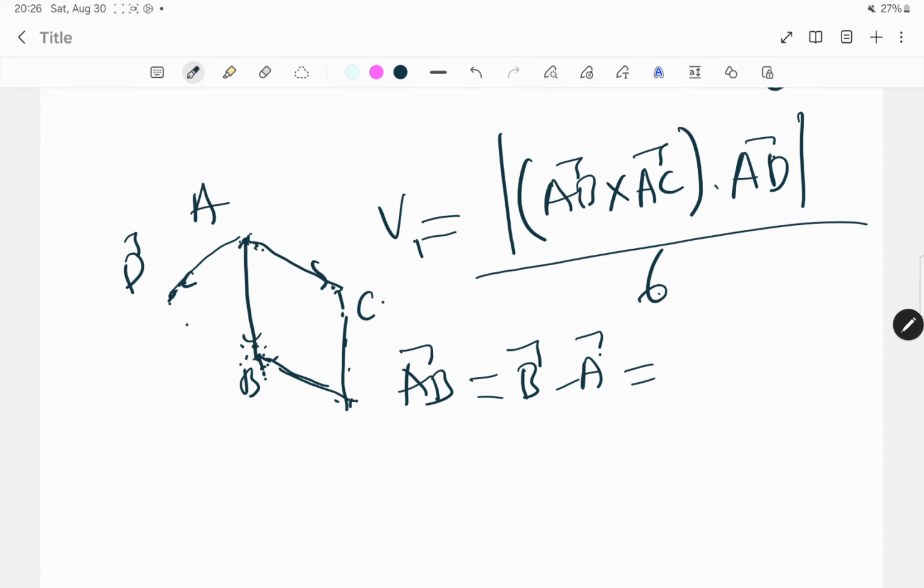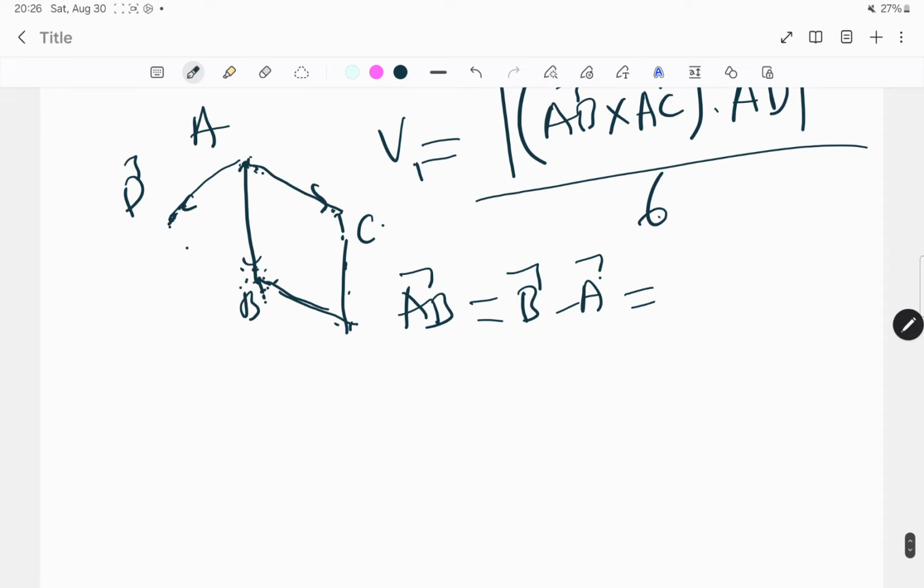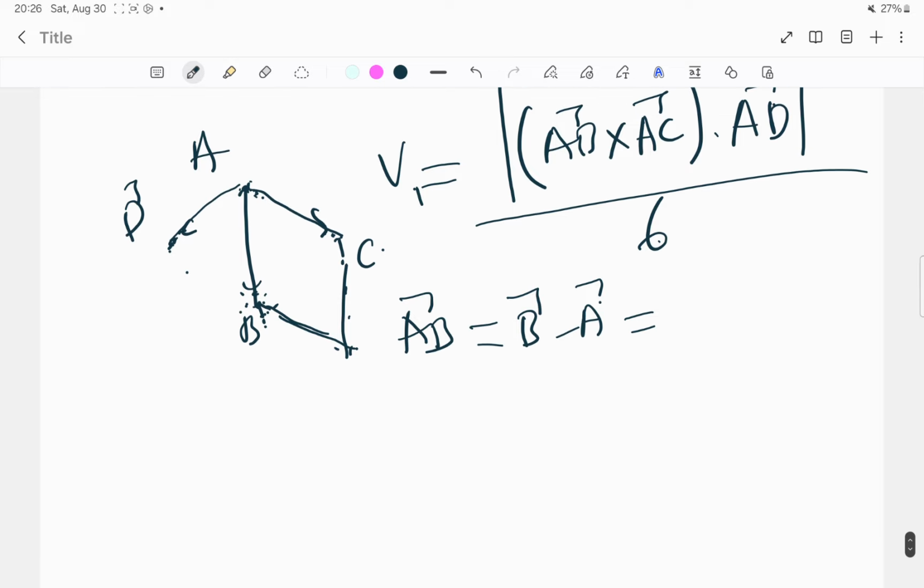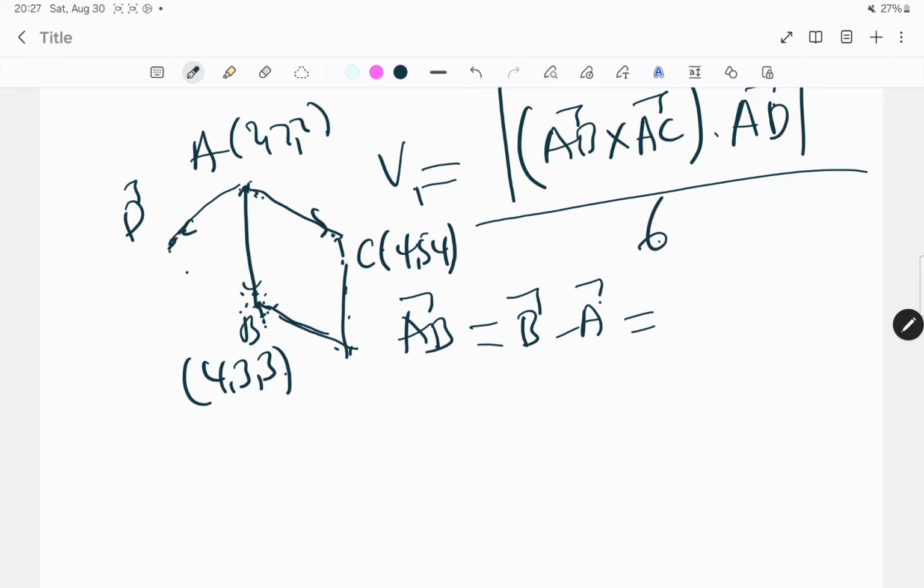Looking at the coordinates that we are given from the question, A is (2, 2, 2), B is (4, 3, 3), C is (4, 5, 4), and D is (5, 5, 6).